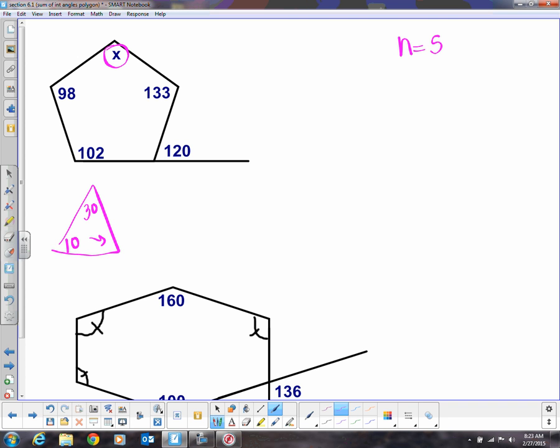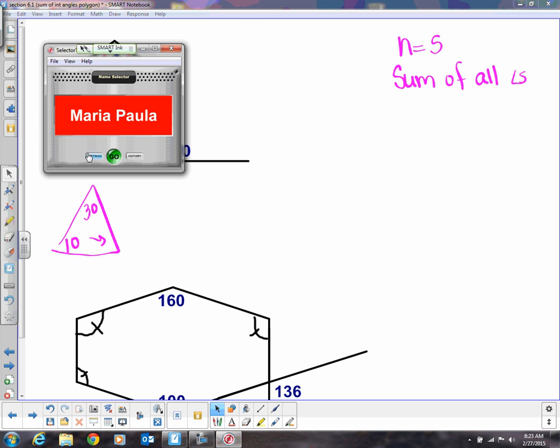What would you do? 180 because the sum of the inside angles is 180. So, same concept, except it's not 180 now. What do we have to figure out? We need the sum of all the angles, correct? We can't do much of anything unless we have the sum of all the angles. So we're going to start there.